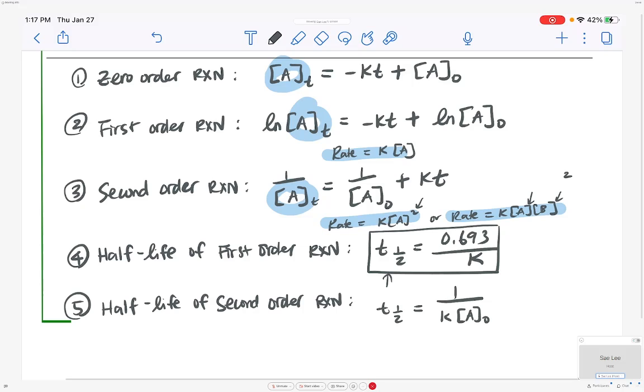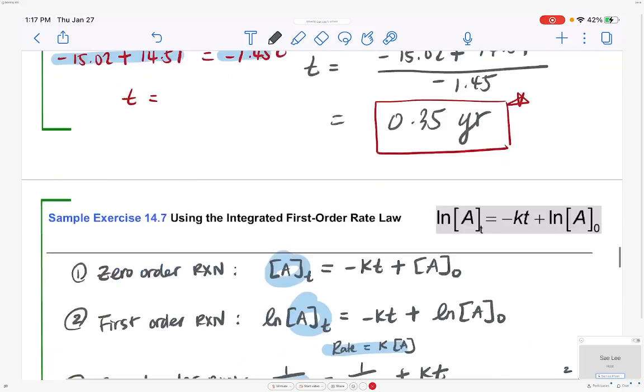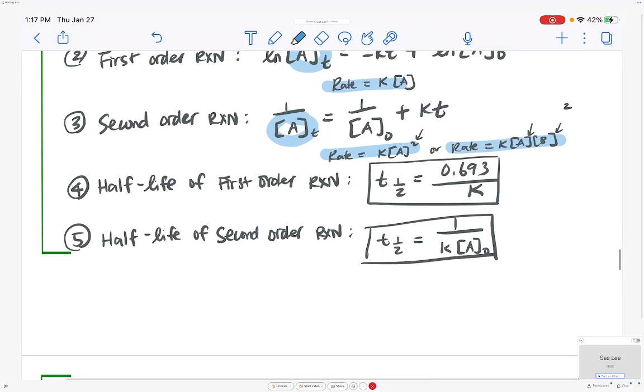As you can see, there is initial concentration involved in the equation. So for the half-life of a second order reaction, the initial concentration matters. The time it takes for the concentration of the reactant to reach half of its initial value is dependent on the initial concentration.